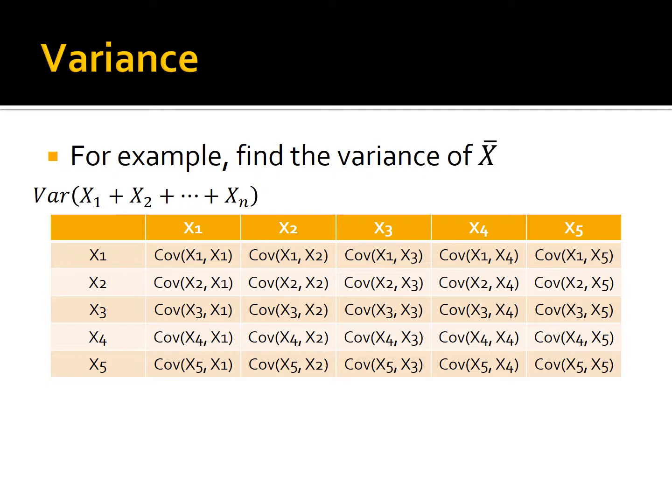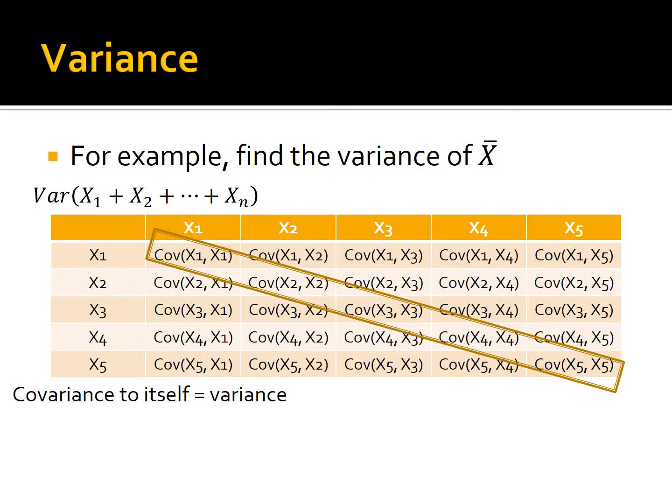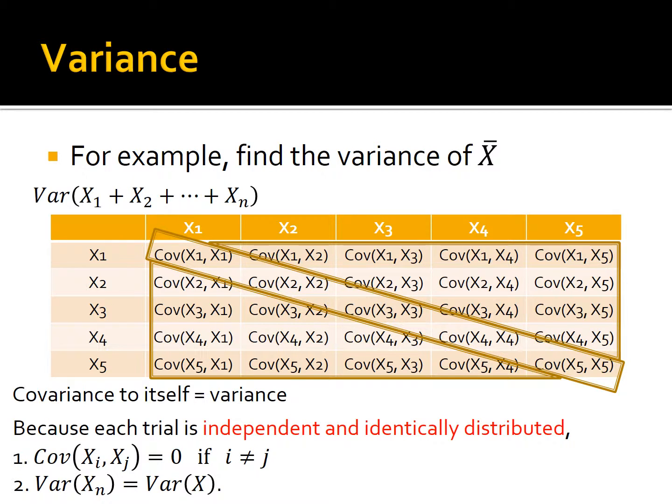So remember that variance is the covariance of itself. Because the covariance of itself equals variance, the diagonal elements equal the variance of the individual terms. And in the off diagonal elements, think about that. Because each trial is independent and identically distributed, the covariance of x1 and x2 is equal to 0, right?